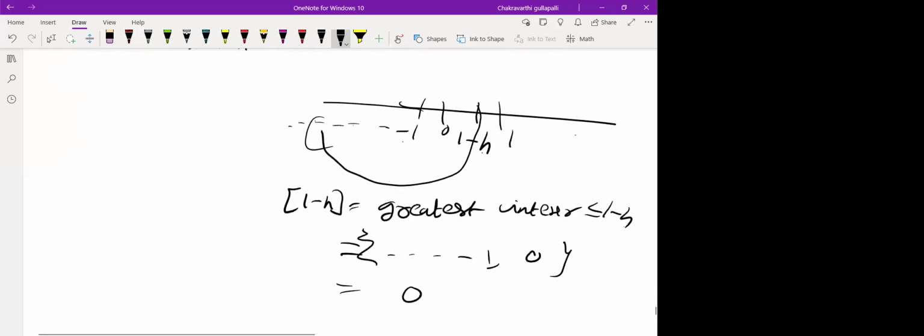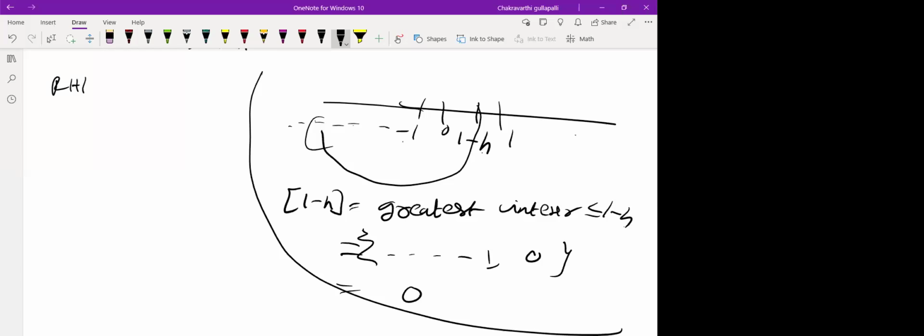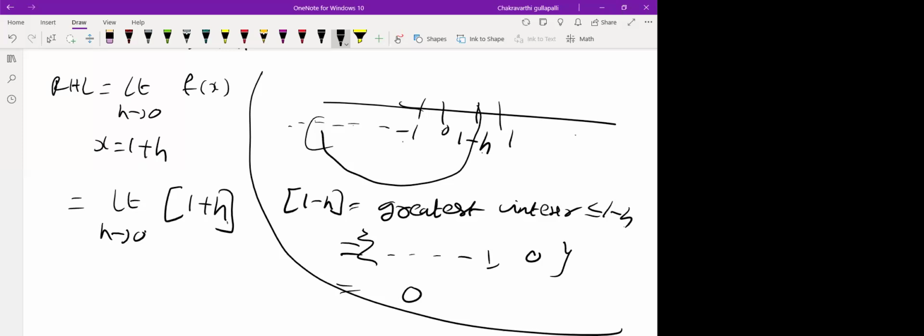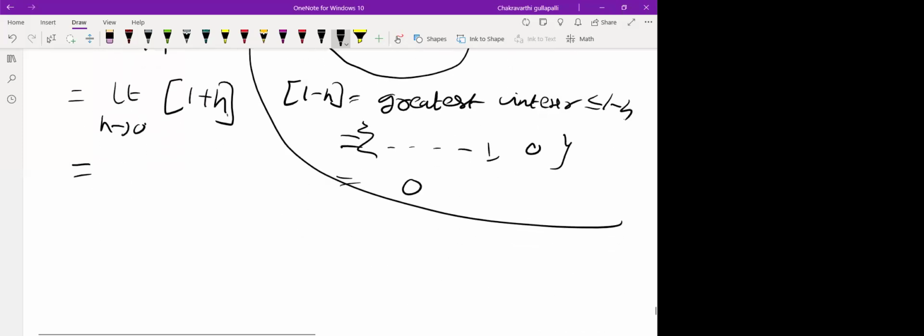Now do RHL. So what is RHL? RHL is limit H approaching 0, X greater than 1. Greater than 1 means 1 plus H. Greater than A means A plus H. Replace directly box X, that is 1 plus H. f(x) means box X. Now simplify. First, 1 plus H will be here.